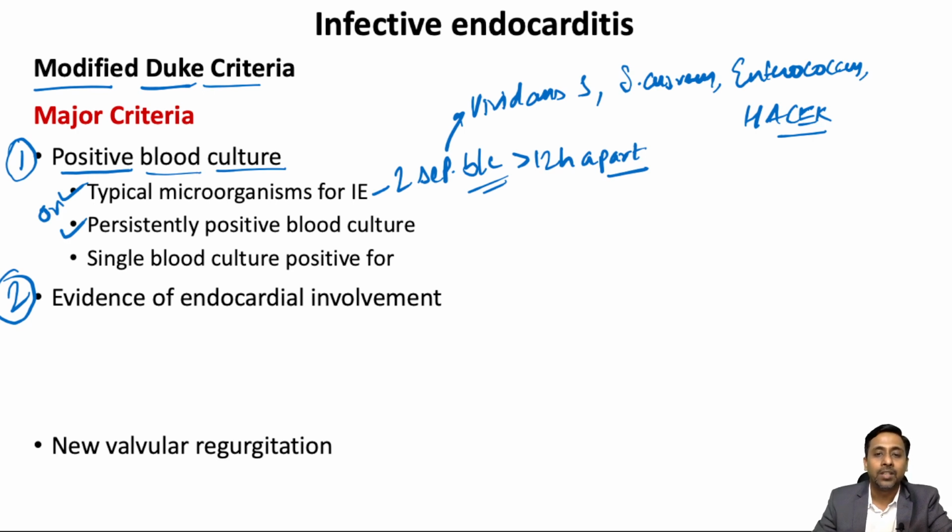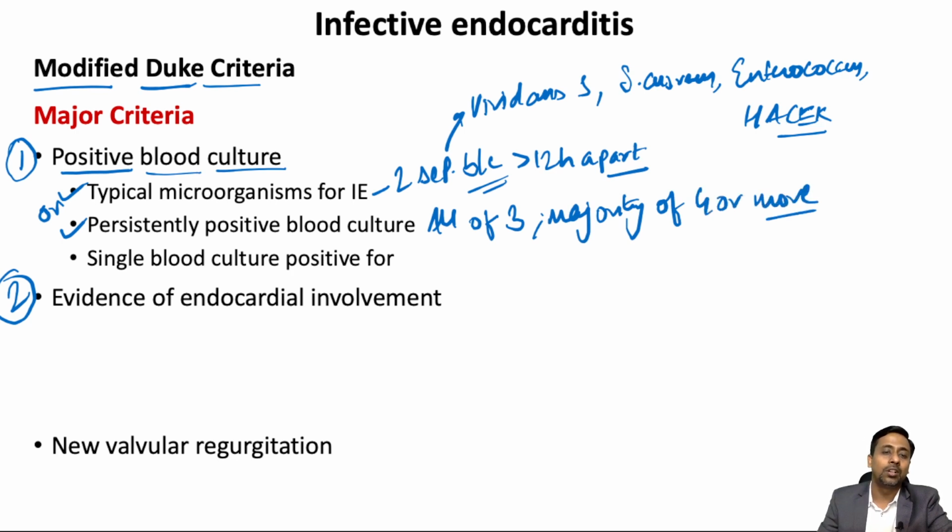What does it mean? That means if 3 are taken, then all 3 should be positive, and if 4 or more are taken, then the majority should be positive for an organism known to cause infective endocarditis. So consistent recovery of a microorganism known to cause infective endocarditis, that is, all of 3 separate blood cultures and the majority of 4 or more blood cultures.